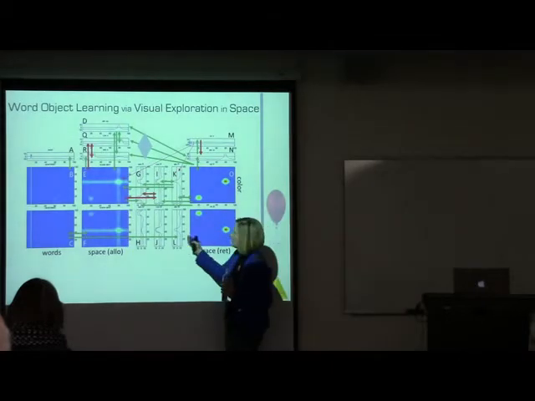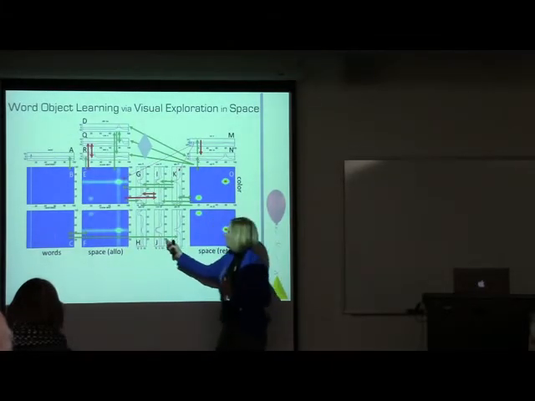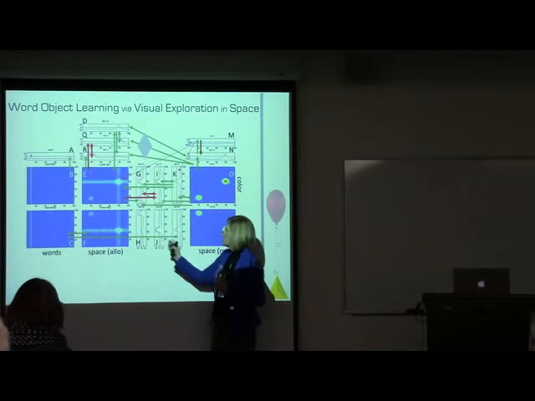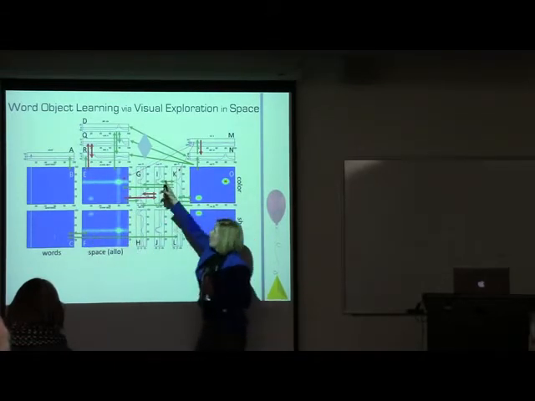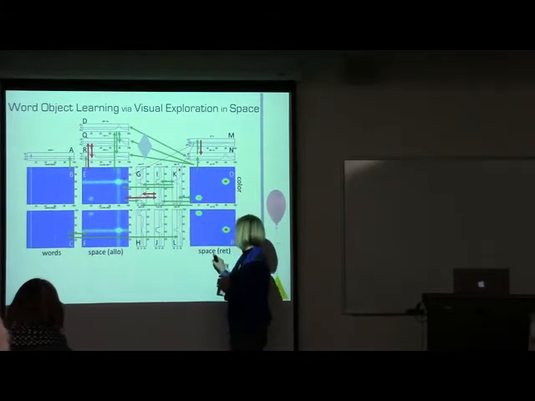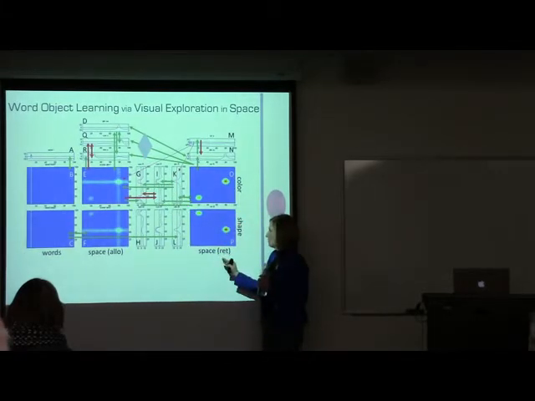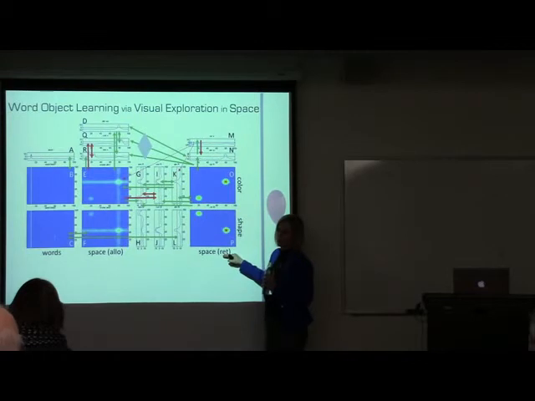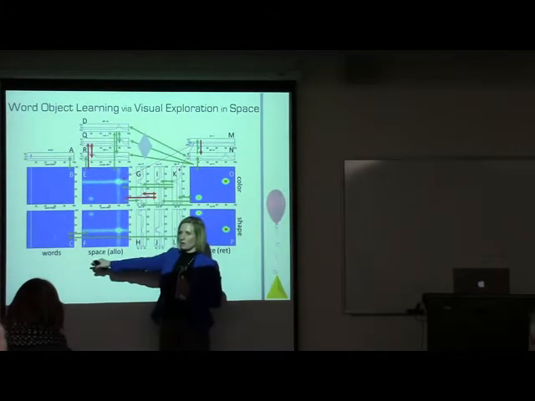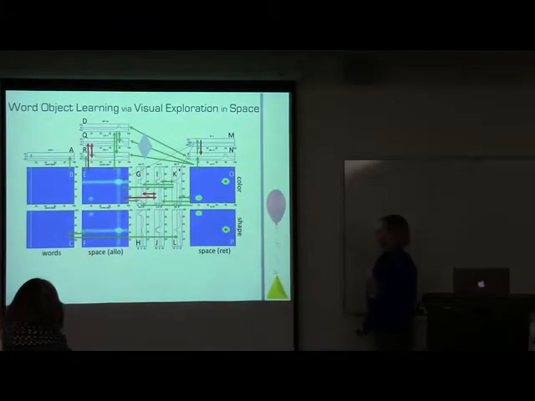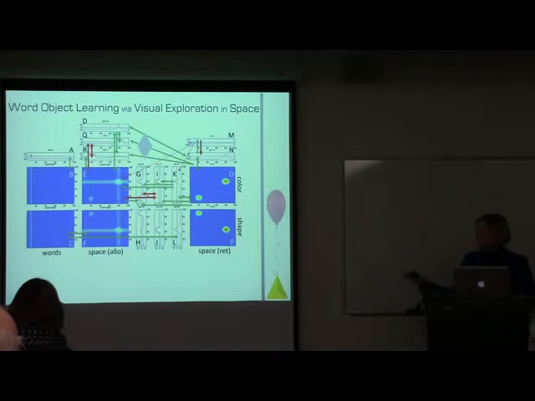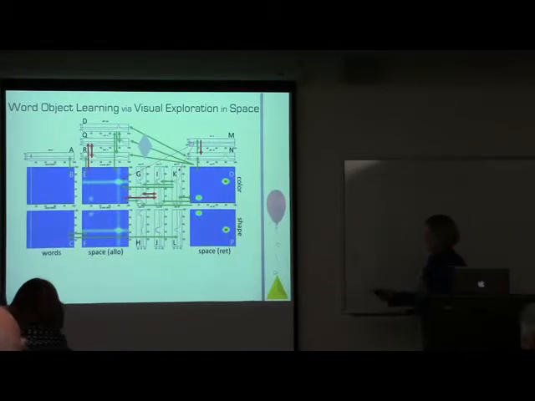This then takes information, forms working memories, allocates attention based on the relationship between these two fields, and then can put in words. Up here, the big triangle is helping us to make the transformation between space encoded in terms of retinotopic coordinates and allocentric coordinates of behavior. Okay? And that's based on some other work by colleagues in Germany who have kind of helped us map out those transformations.